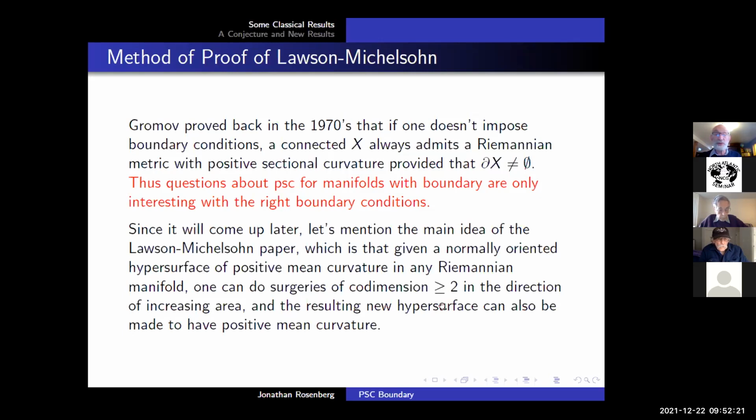By using this surgery process, you can prove the theorem which I mentioned. So just like the Gromov-Lawson theorem on construction of positive scalar curvature metrics, the Lawson-Michelsohn theorem also uses the surgery technique.